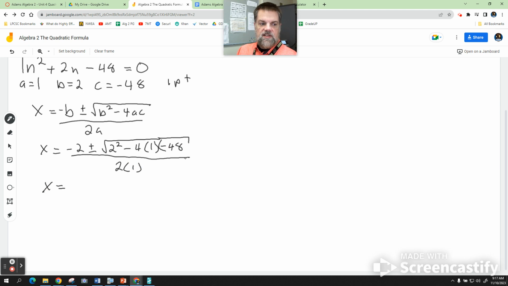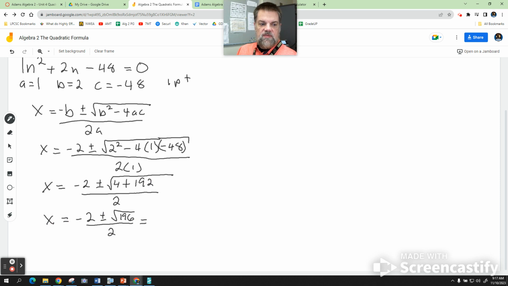So then x is equal to negative 2 plus or minus the square root of 4 plus 192. This becomes a positive 192, yeah? 192. This is very similar to the other problem we did. All over 2. So then this becomes negative 2 plus or minus the square root of 196 all over 2.